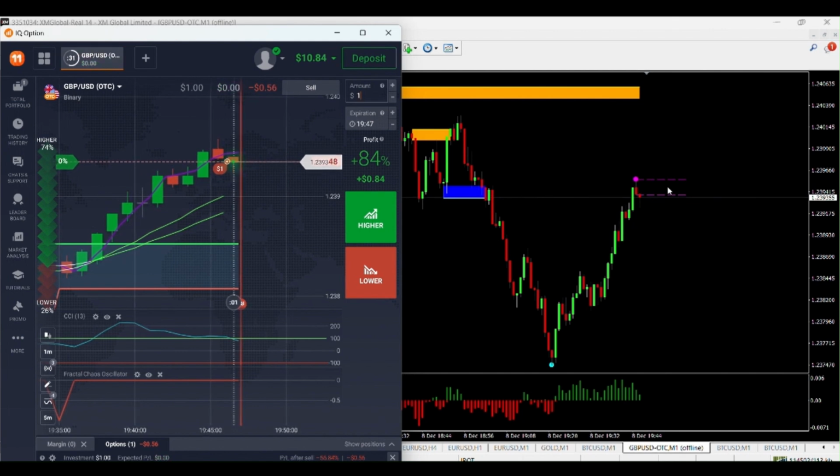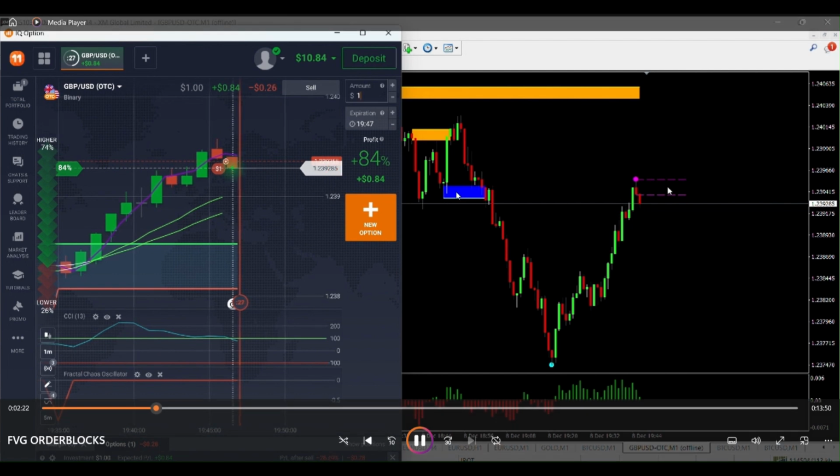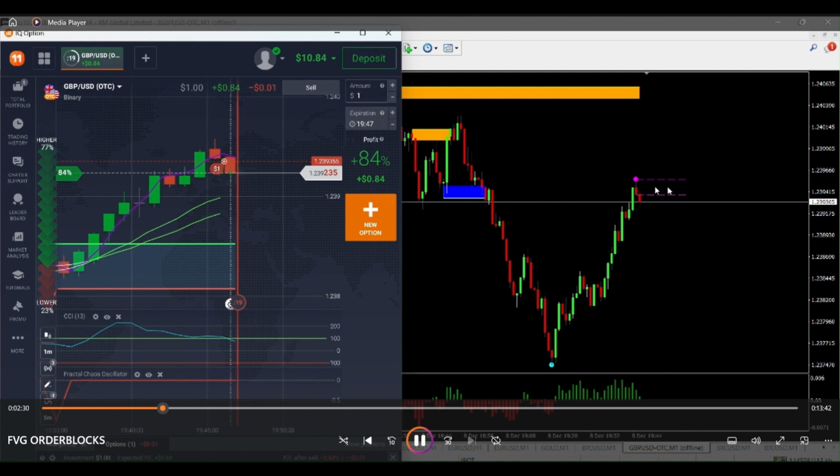So there's confluence on this trade because there's a resistance zone here, as you can see here, with the blue zone, and then the confirmation from the indicator.